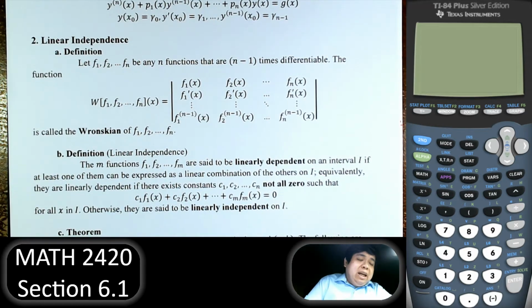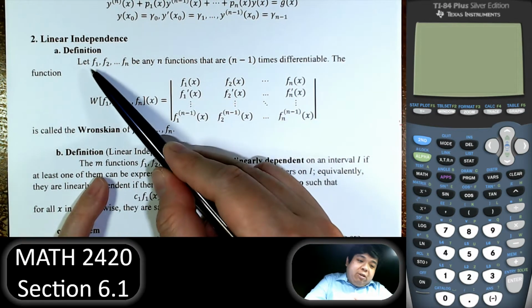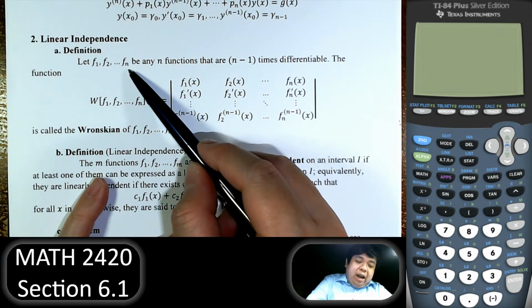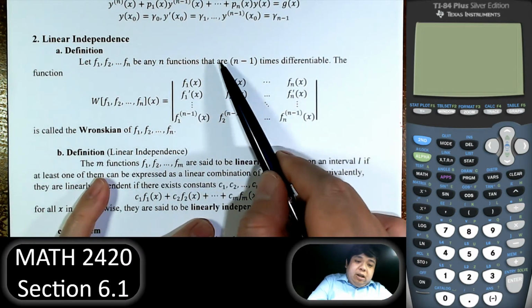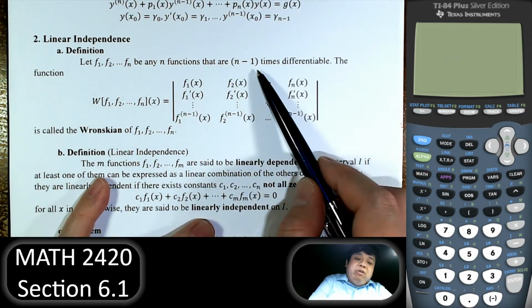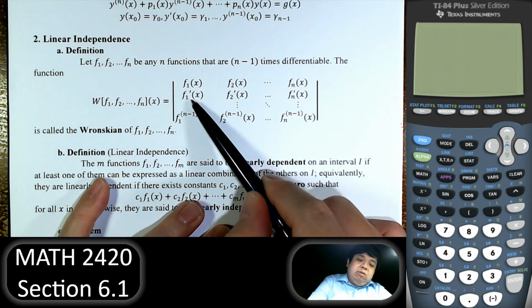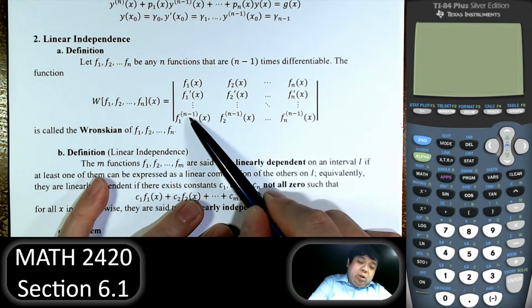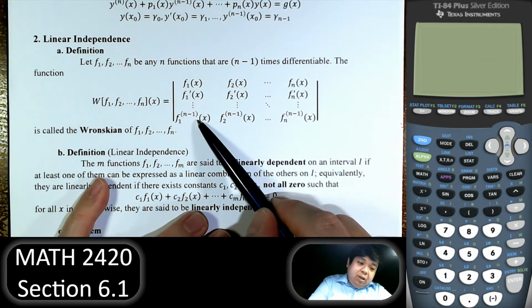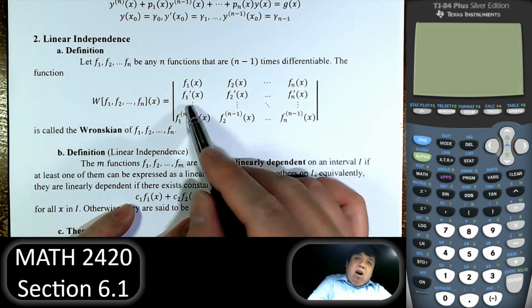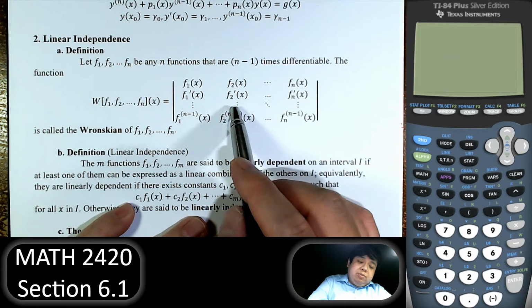Linear independence. Of course, we defined this way back in chapter 4. Now, if we have the functions f1, f2, all the way up to fn, and these functions have derivatives up to order n minus 1. So the function, first derivative, second derivative, all the way to the n minus 1 order derivative. In that case, there are n rows and n columns, so we have a square matrix.